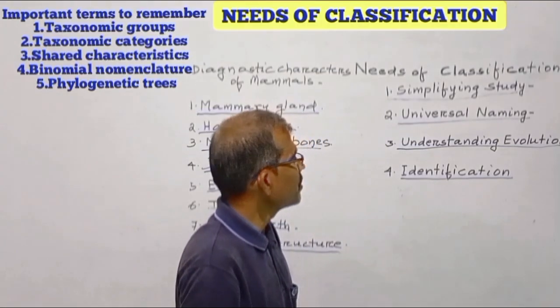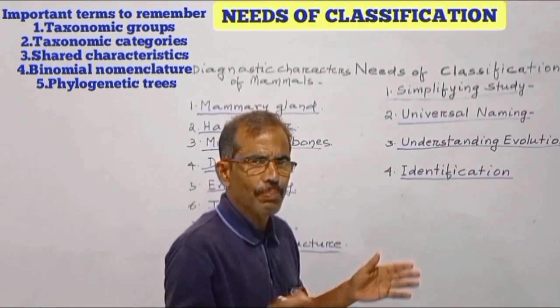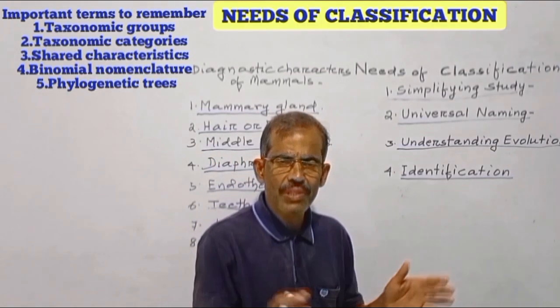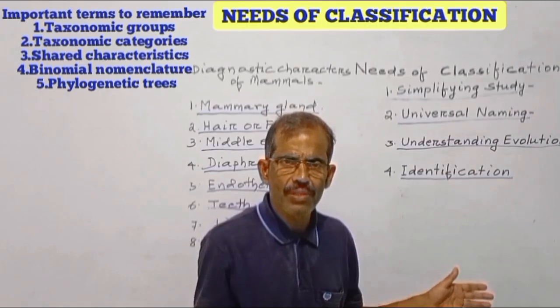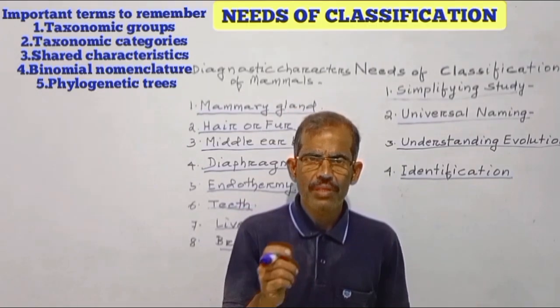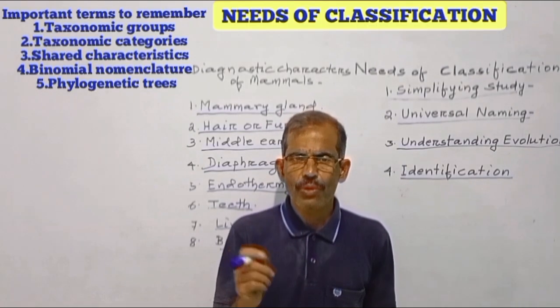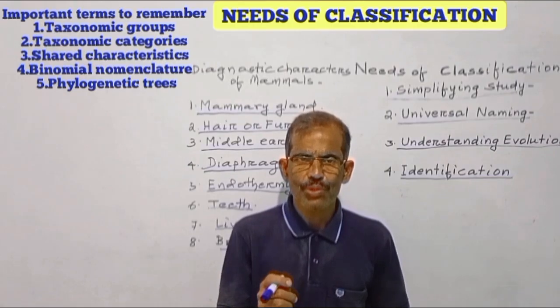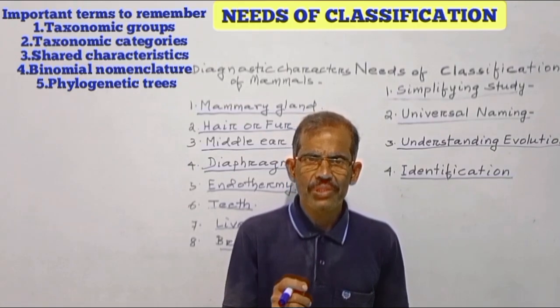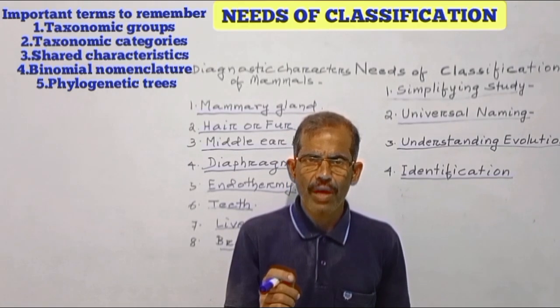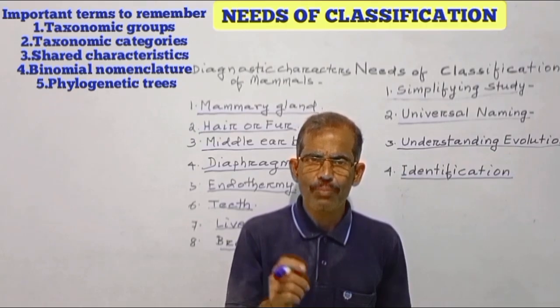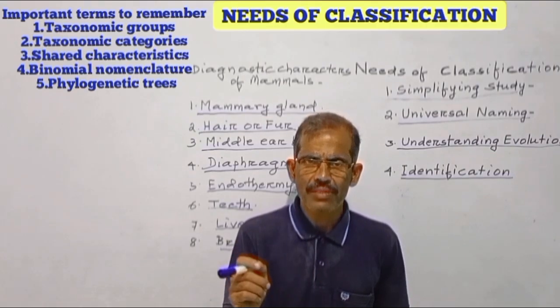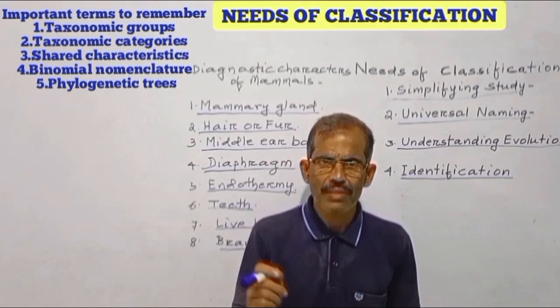First one is that classification simplifies study of such a huge number of organisms. According to a recent estimate, the total number of species on the earth which has already been identified and described are somewhere between 15 lakhs and 25 lakhs.